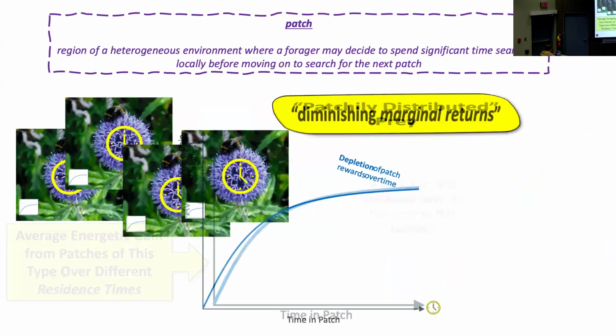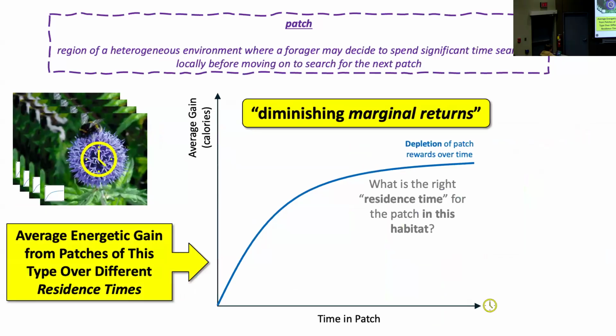And so with that in mind, we painted this picture of diminishing marginal returns. So when you look at this curve, which is how many berries you get out of the bush for the longest time you're in the bush, or how many larvae you parasitize if you're a parasitoid, as you're in a clump of larvae, and so on.